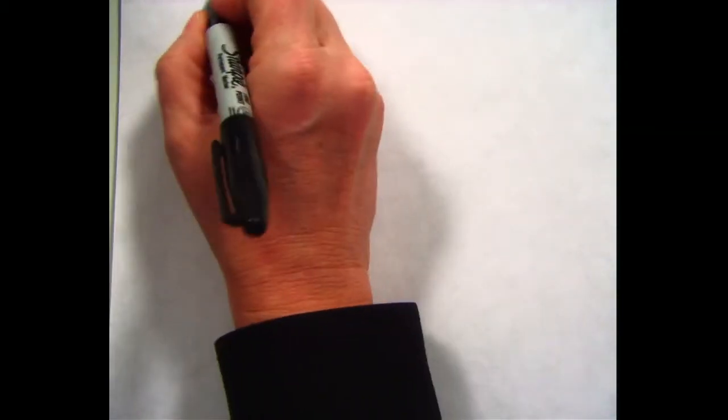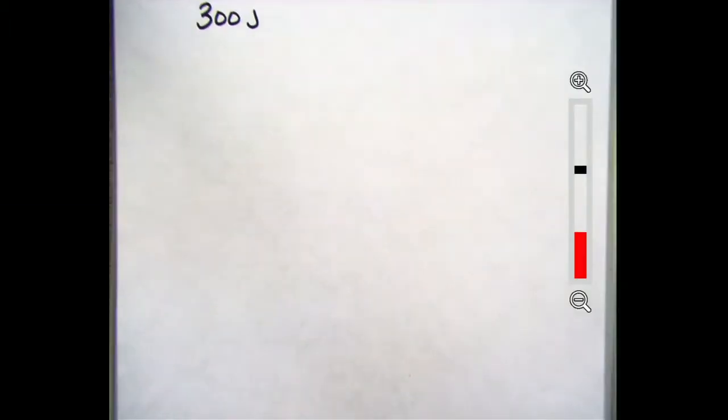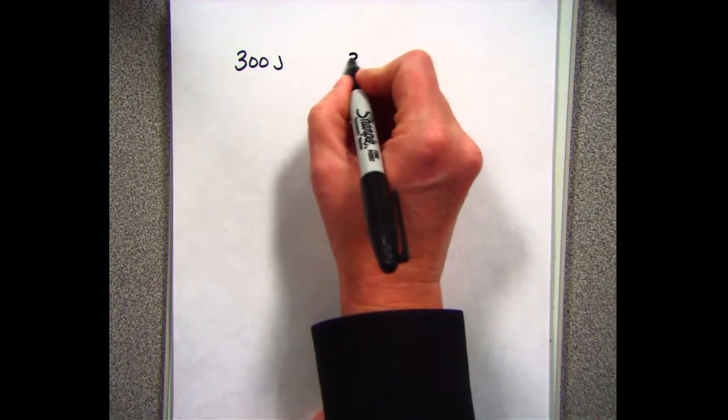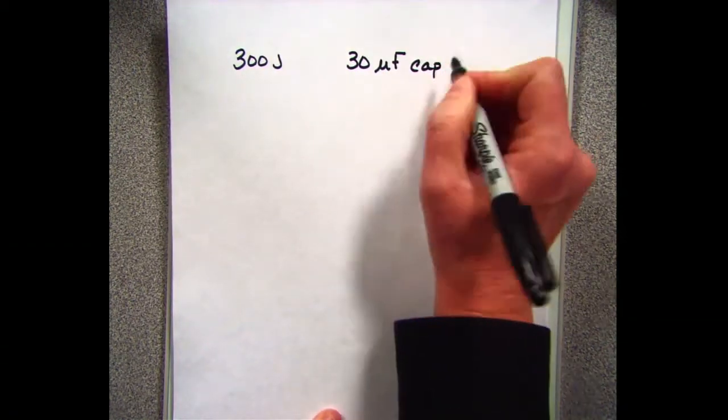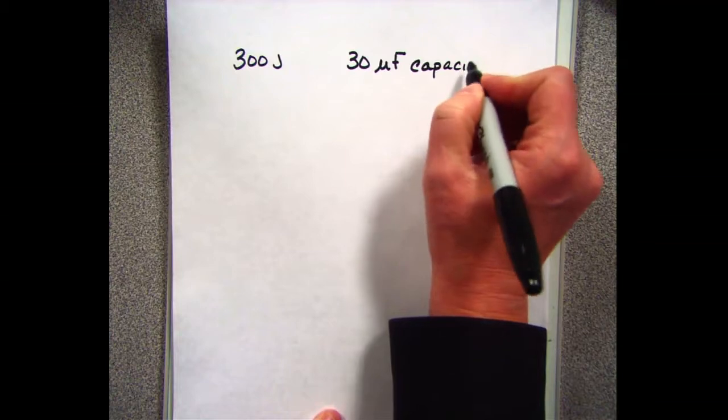So we've got a defibrillator that's going to put out 300 joules of energy, and it's going to have a 30 microfarad capacitor. And we want to know what is the potential, so you can figure out what it's like compared to a battery.